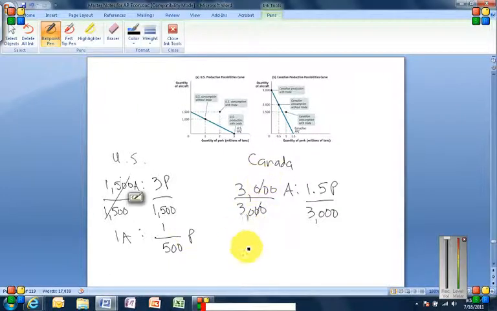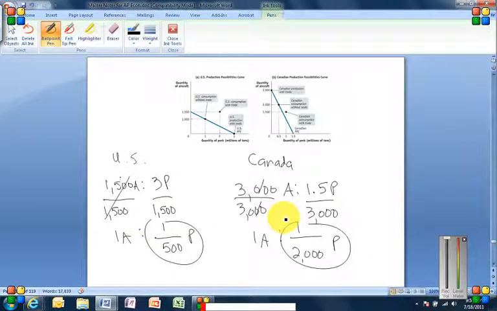Over here for Canada, 3,000 cancels out in the numerator and denominator, and you get 1 to 1/2,000th P. And if the two countries say, all right, we're going to specialize in trade, we're going to propose terms of trade of one aircraft to a certain number of tons of pork, and that second number is in between these two numbers, then they're acceptable terms of trade.